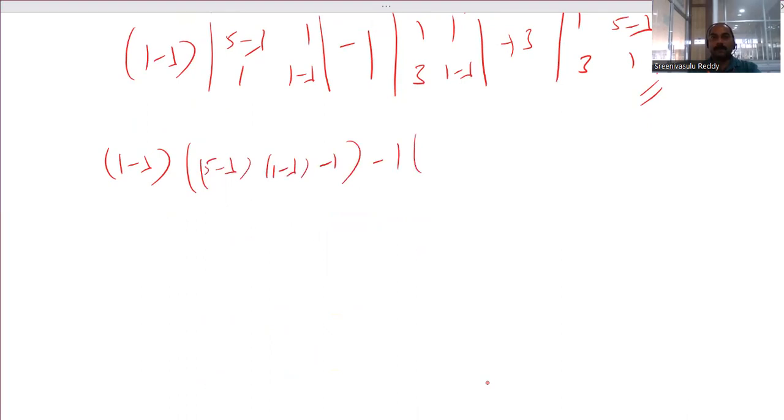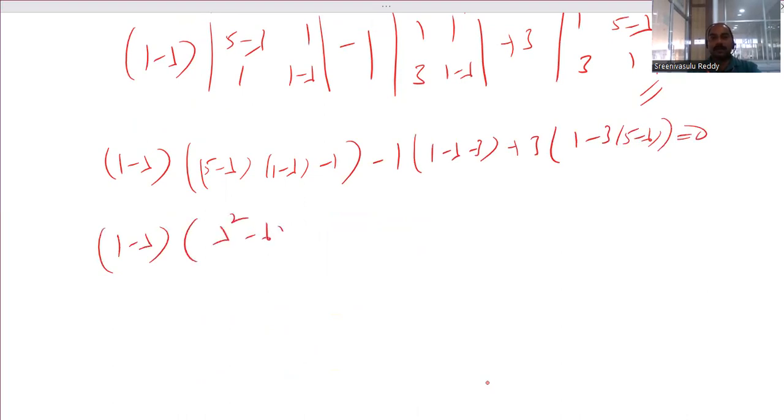Here 1 times (1 minus lambda minus 3) plus 3 times (1 minus 3 times (5 minus lambda)) equals 0. 1 minus lambda times this value, lambda square minus 6 lambda plus 5 minus 1. Here minus 1 times (minus lambda minus 2) plus 3 times (1 minus 15 plus 3 lambda) equals 0.